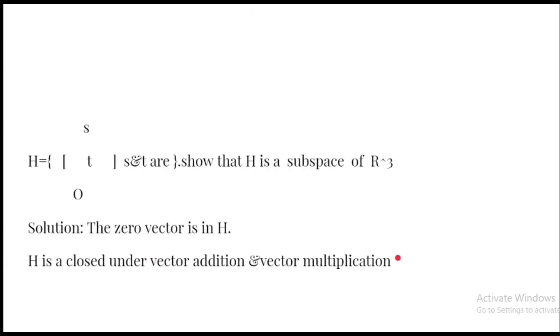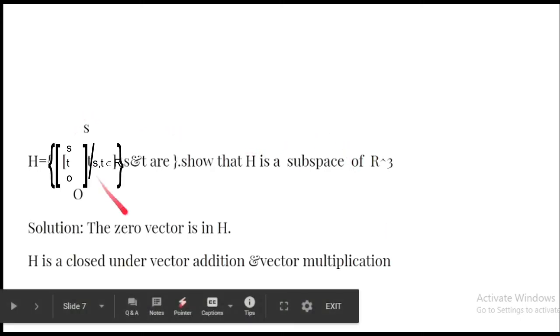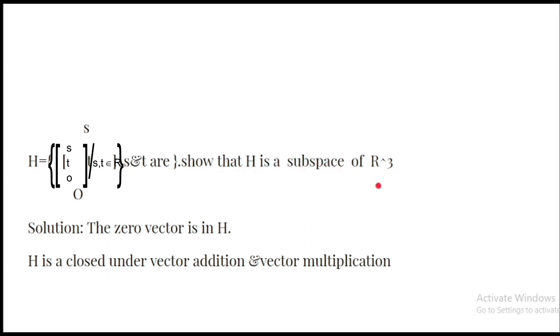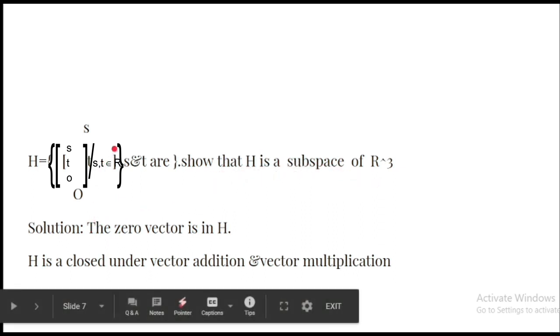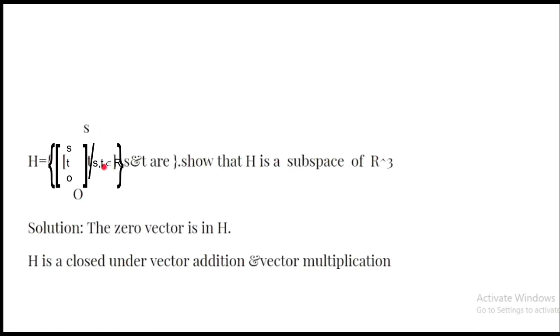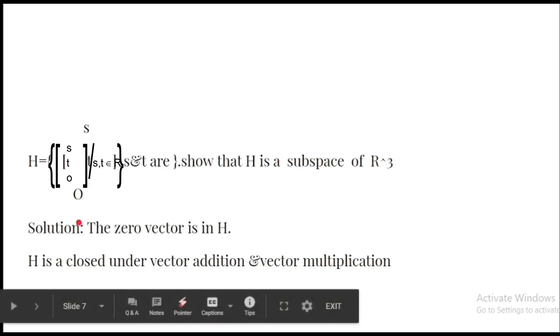Next, let's have one matrix like this. Capital H is equal to the vectors (s, t, 0), where s and t are real values. Show that H is a subspace of R cubed. Here in this set we already have 0, so the zero vector is in H, and the first property of a subspace is satisfied. Next, if we take H1 as (s1, t1, 0) and H2 as (s2, t2, 0) and add H1 plus H2, we get (s1 plus s2, t1 plus t2, 0 plus 0).